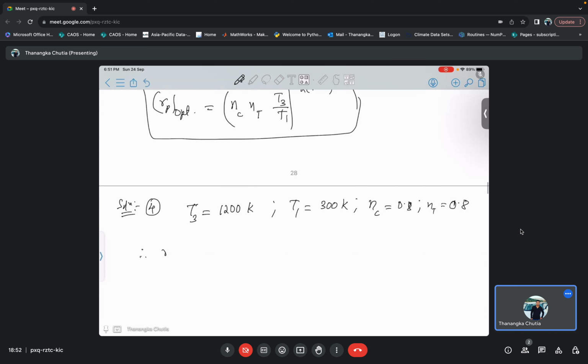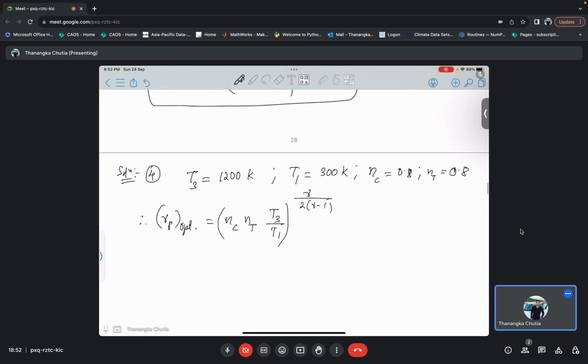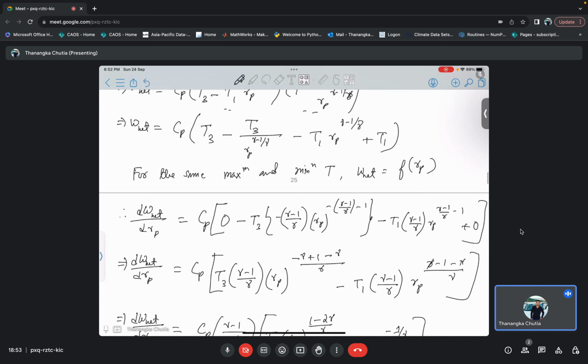So therefore pressure ratio optimum will be equal to what? Let me write the expression once again. Eta C, eta T, T3 by T1 to the power gamma by 2 into gamma minus 1. 0.8, 0.8, 1200 by 300 to the power. Are they telling us the value of gamma?